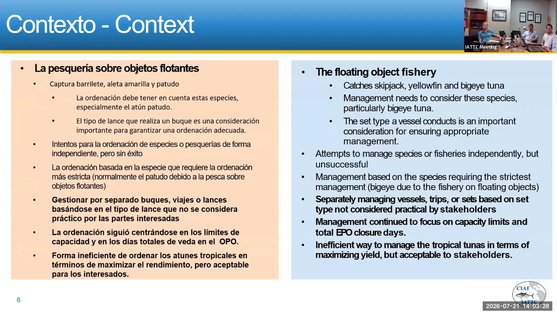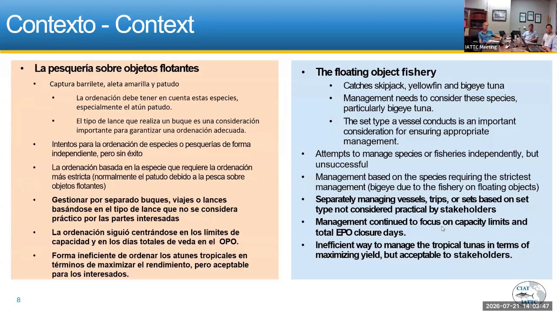Okay, and so I just wanted to reiterate some of the things that I mentioned. Separately managing vessels, trips, and sets based on set type wasn't considered practical by stakeholders, so it never caught on.